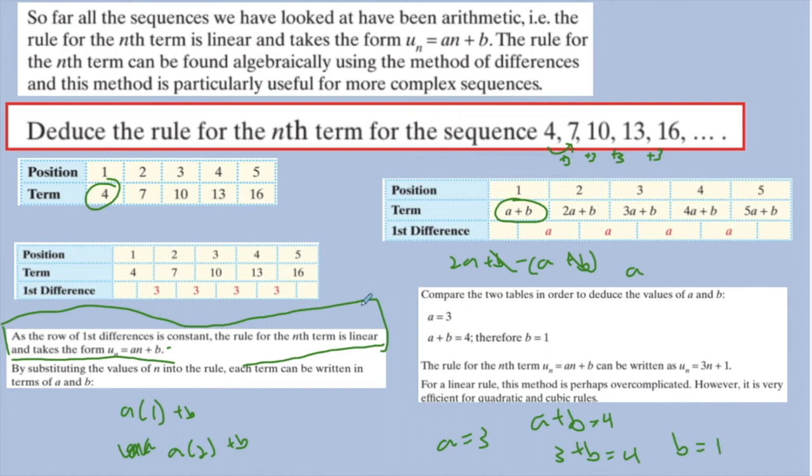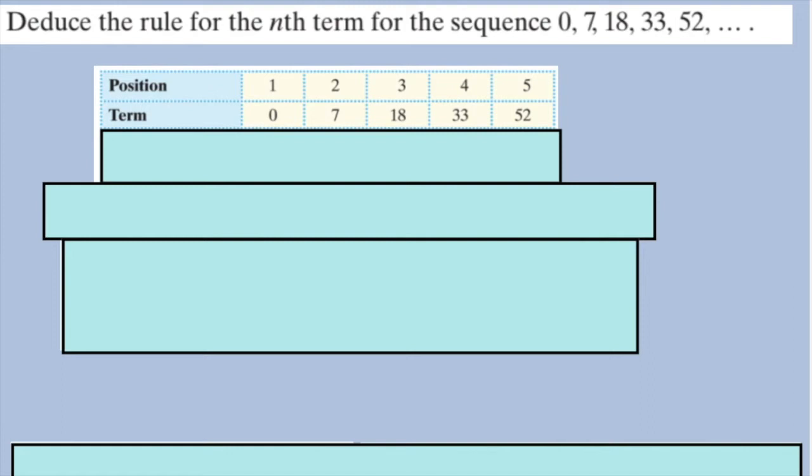So this is definitely a lot of work for an arithmetic sequence, and there's a reason we don't usually do it like that for them, because we can do it a little bit faster. However, when we have sequences that are not arithmetic, then this becomes the way we need to do it.